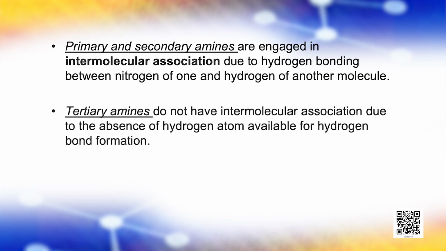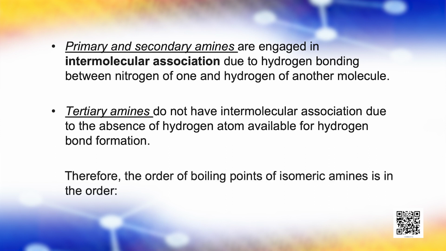Tertiary amines do not have intermolecular association due to the absence of hydrogen atom available for hydrogen bond formation. Therefore, the order of boiling points of isomeric amines is primary greater than secondary greater than tertiary amines.